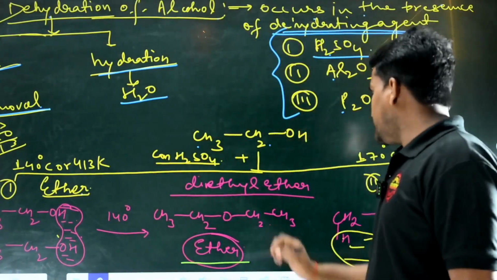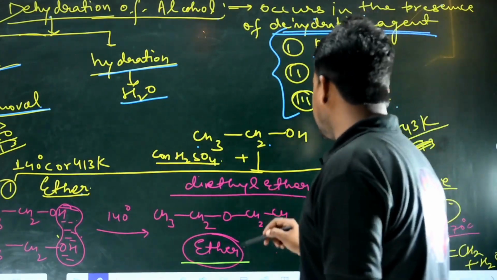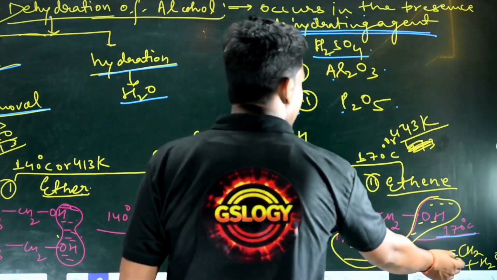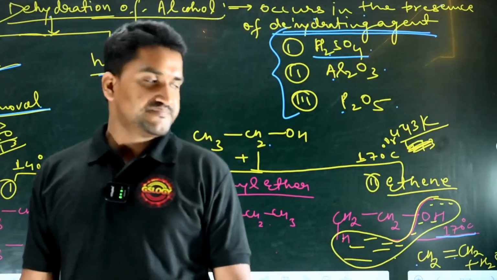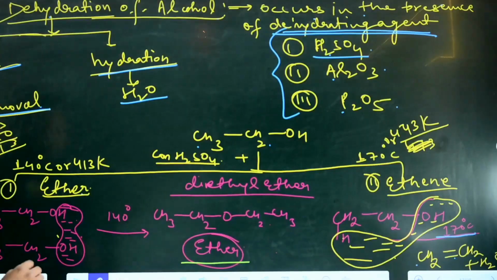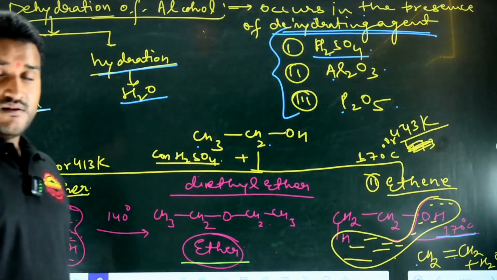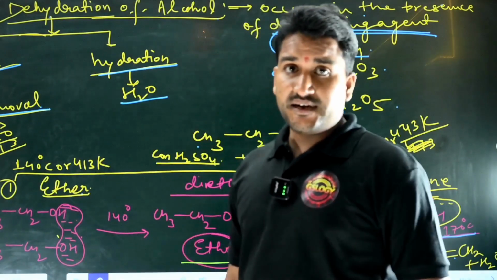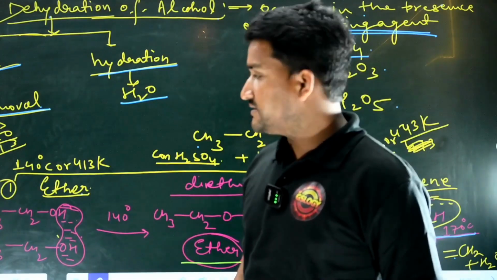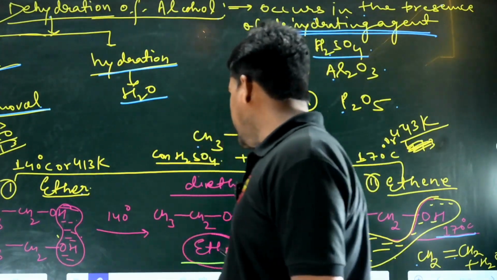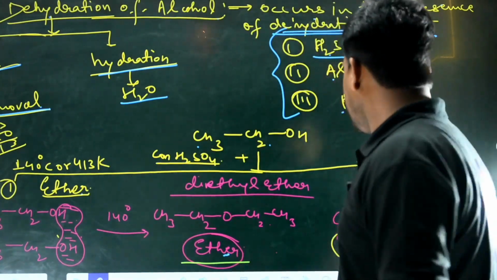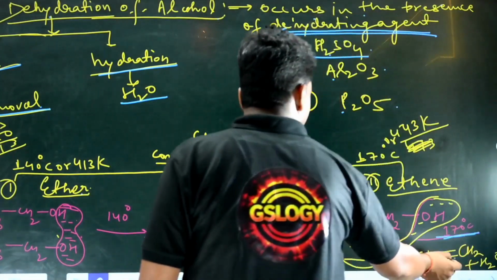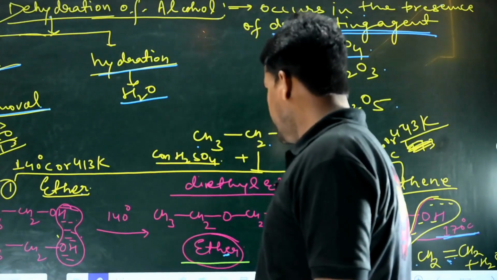But when ethanol is treated with H2SO4 at 170 degrees Celsius, it will form ethene. Clear everyone?